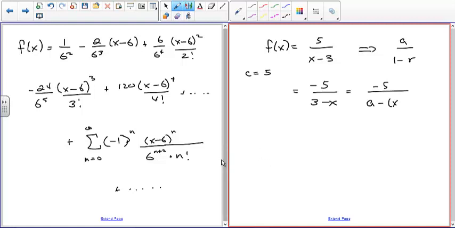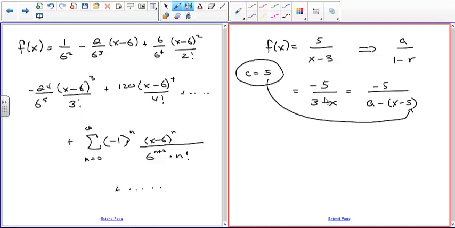So we need this to be x minus 5. So whatever number we are centering the infinite series around, that's this part. So this number here is that number there. So first thing is get the negative here. If it means factor in a negative sign, do that.